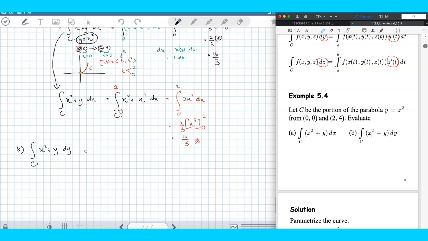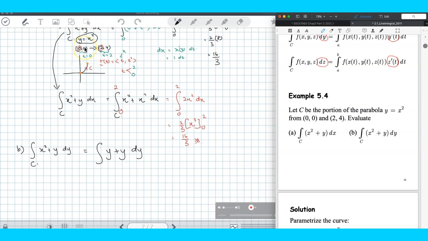From the given information, because we have the same curve, we know that y is equal to x squared. So we want x squared plus y dy. What is the limit of y for the curve?